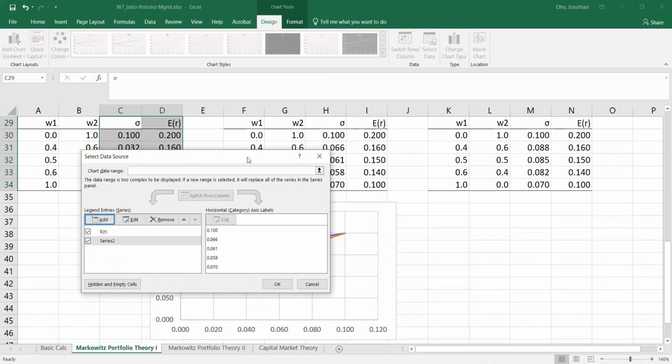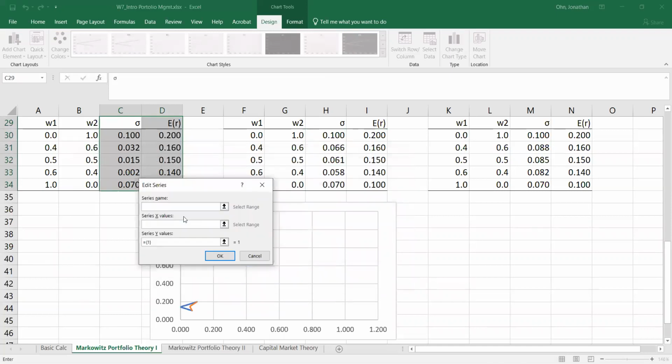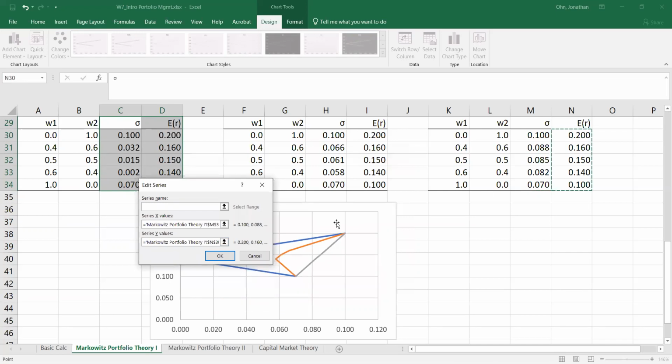Then you see this new, additional graph. And also, let's add one more because we have one more. Here. This is the X variable, and this is the Y variable.